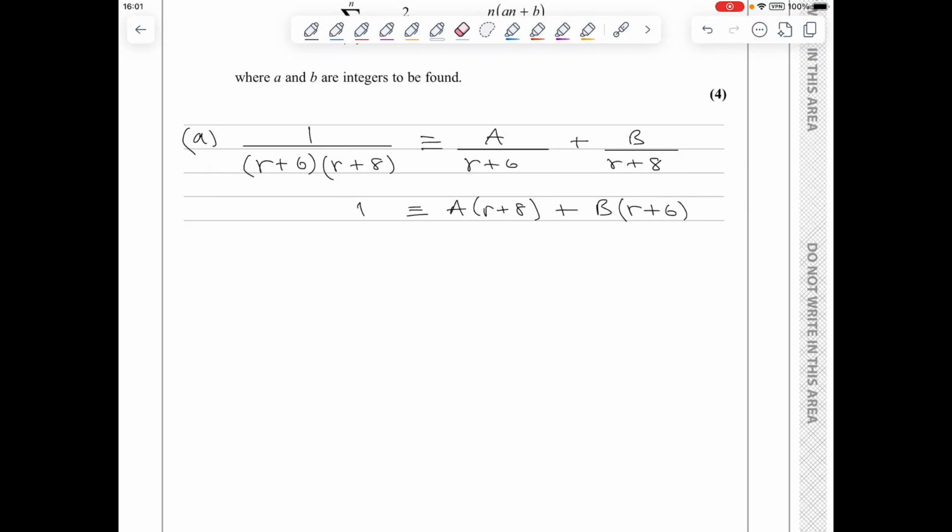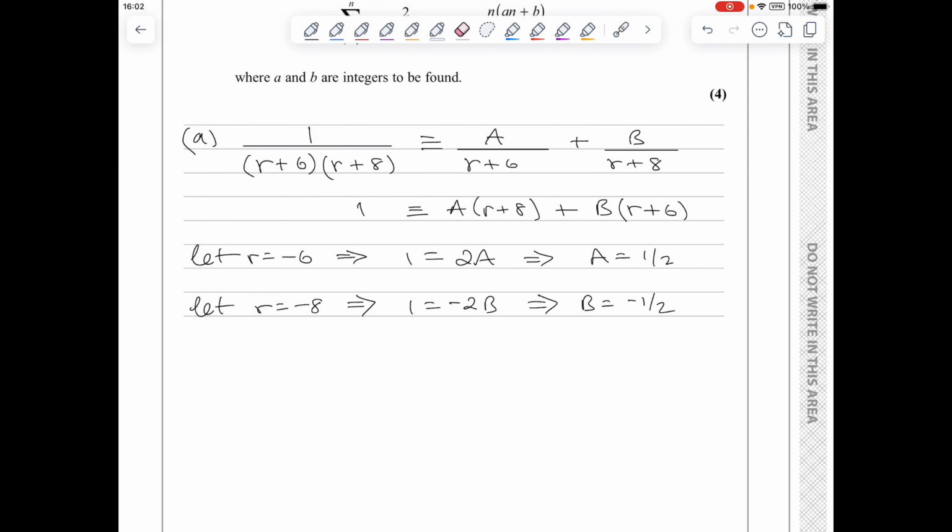Next, I will let r be equal to -6. This will make the second term disappear, so I'm left with 1 is equal to 2A, so A is equal to a half. I will then let r be -8, so I'll get 1 is equal to -2B because the first bracket will disappear, so B comes out to be -1/2.